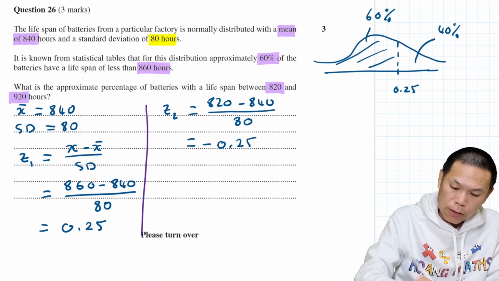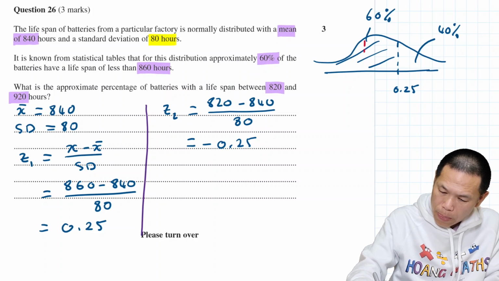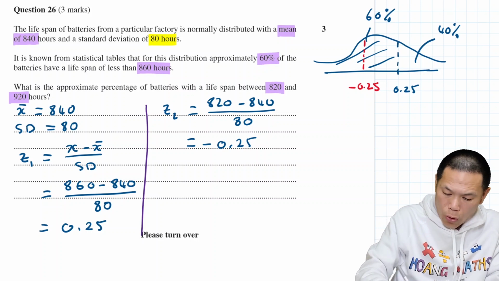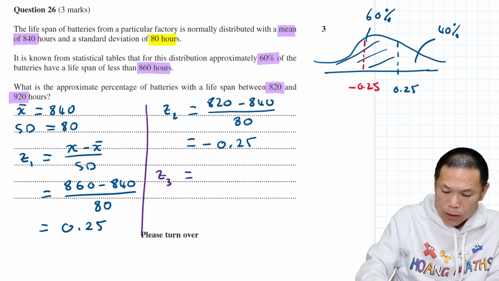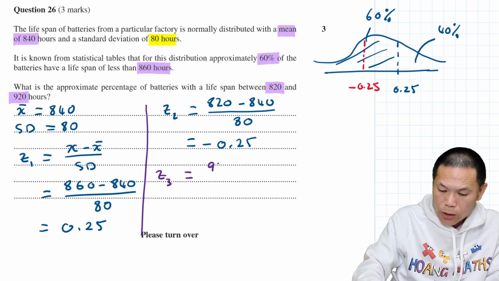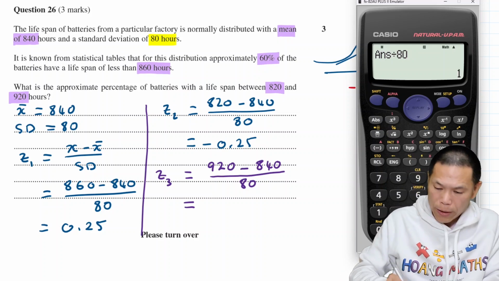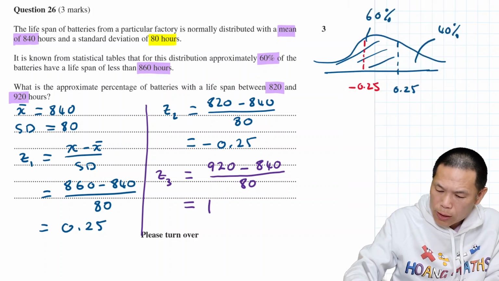So that means this is negative 0.25 here. And then the next z-score, which is z3, is equal to 920, the x-score, minus the mean, 840, then we divide it by 80. So I just go 920 minus 840, and we divide it by 80. So that is 1.